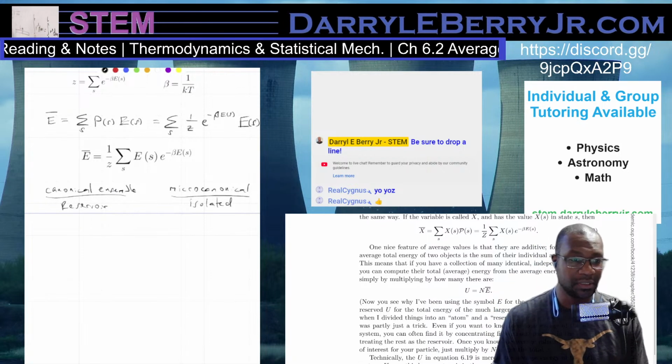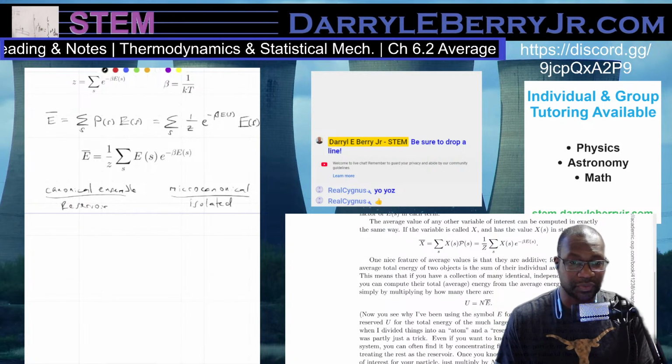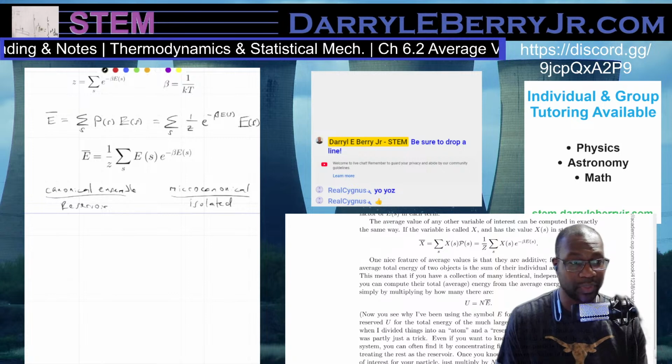The average value of every other variable of interest can be computed in exactly the same way.